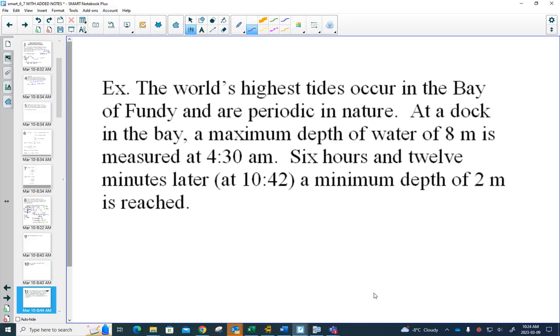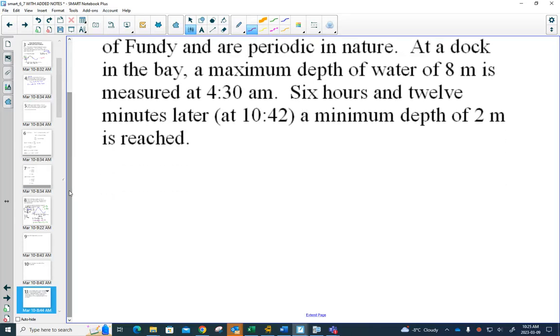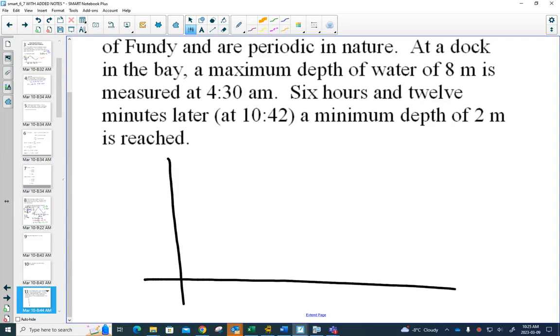So, Bay of Fundy, highest tides in the world. Maximum depth of the water is 8 meters at 4:30 a.m. 6 hours and 12 minutes later, it has a minimum depth of 2 meters. So we know that our maximum is going to be at 8, our minimum at 2.